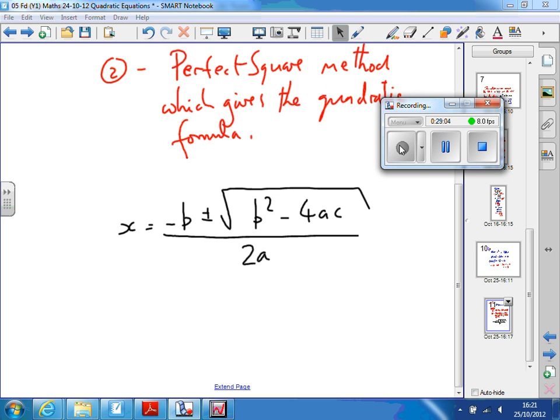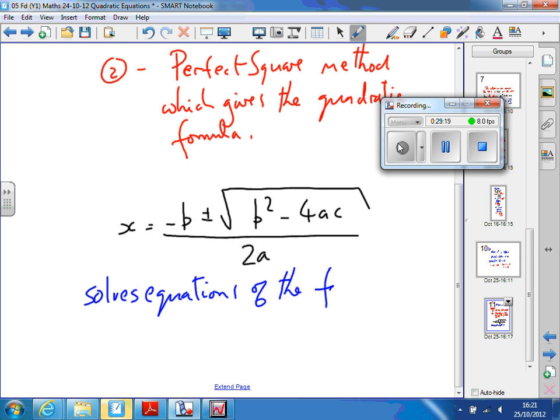Used to solve quadratic equations of the form that we've written down already, ax squared plus bx plus c equals 0.